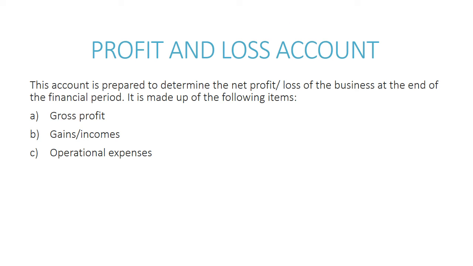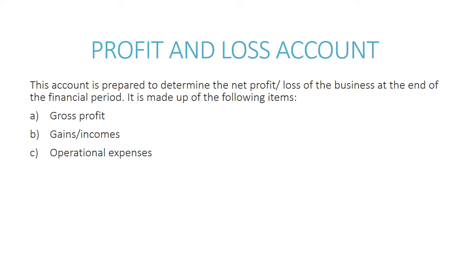Now, the profit and loss account is another account that forms part of the final accounts. Unlike the trading account, it is prepared to determine the net profit of the business. Net profit is where you take the gross profit, subtract the operational expenses, and what you remain with is what we call net profit. But again, it is also possible that in business you can make a loss.